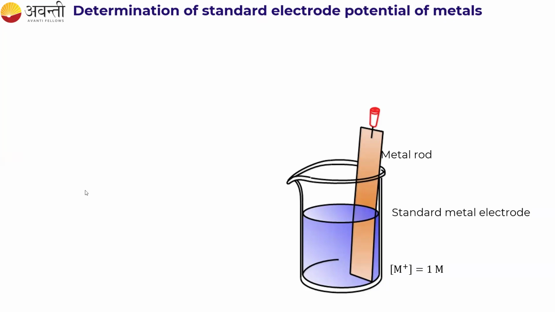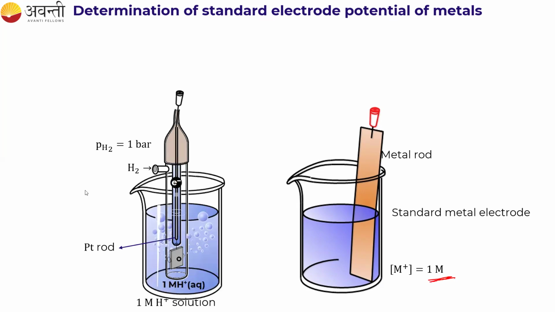Here the concentration is given in terms of molarity. In the other beaker, we are taking the standard hydrogen electrode, and again the concentration of that electrolytic solution is 1 molar.